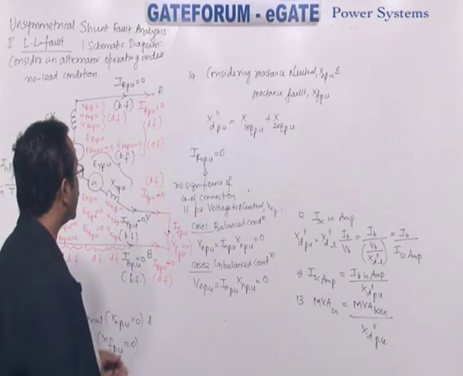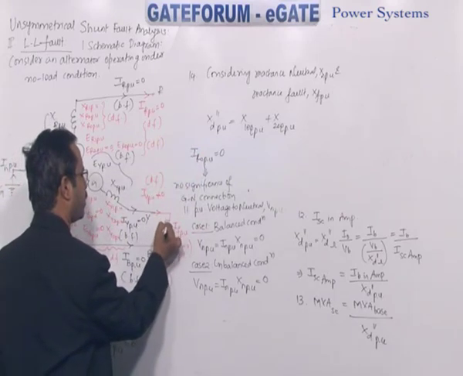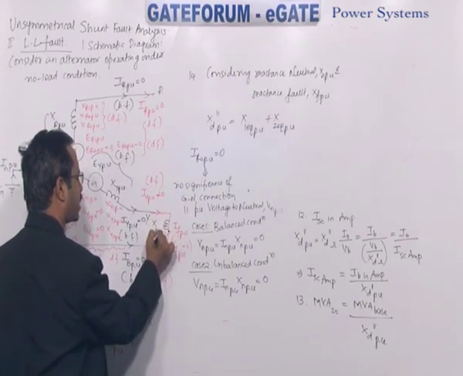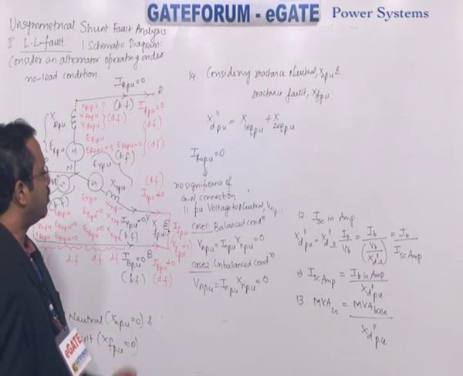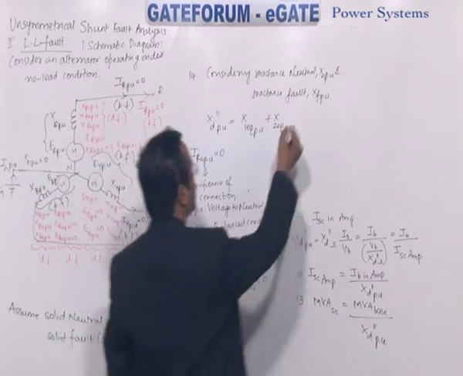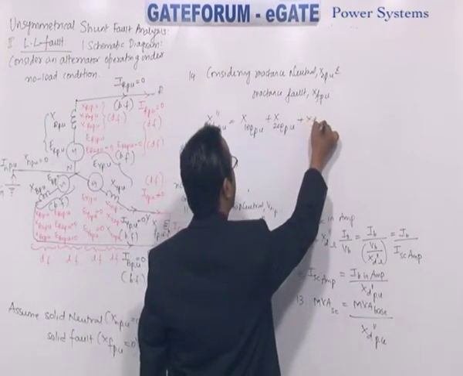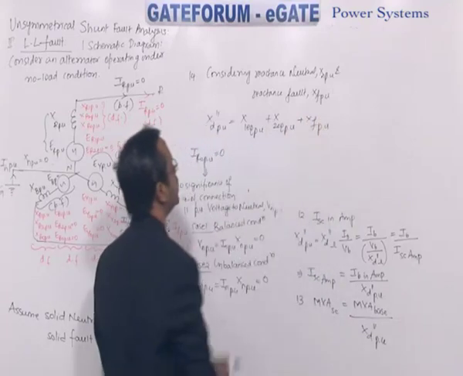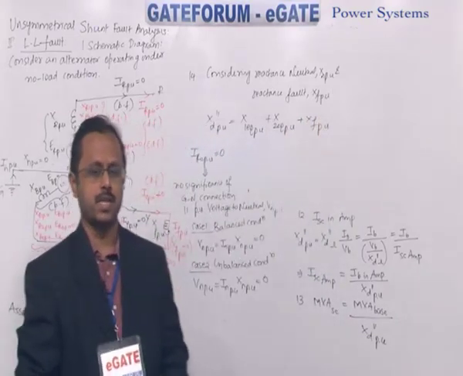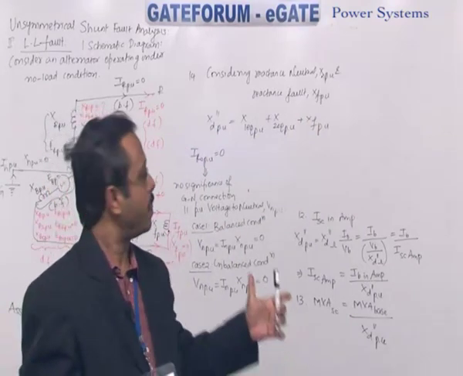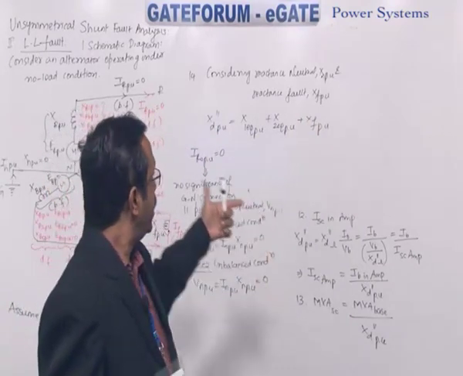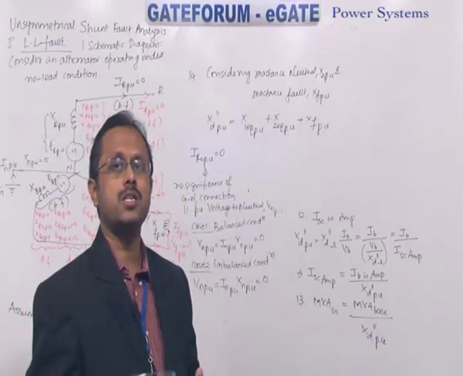And now you have the reactance fault. What is that fault reactance? XF per unit. You represent that XF per unit as a third term, an additional term, in the expression of XD double dash per unit.